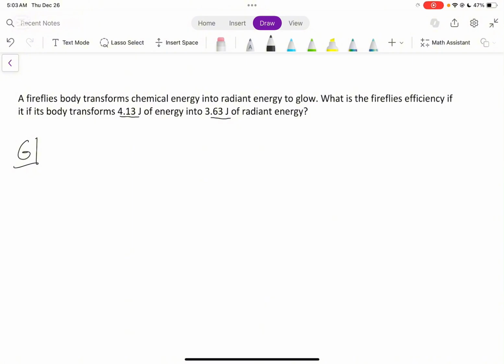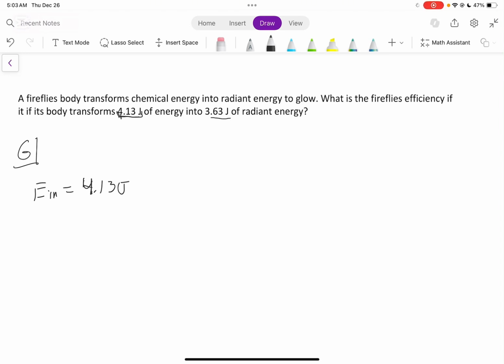So let's get into our givens. We know that our energy in is going to be 4.13 joules. How did I know that? Well, he uses 4.13 joules to glow.